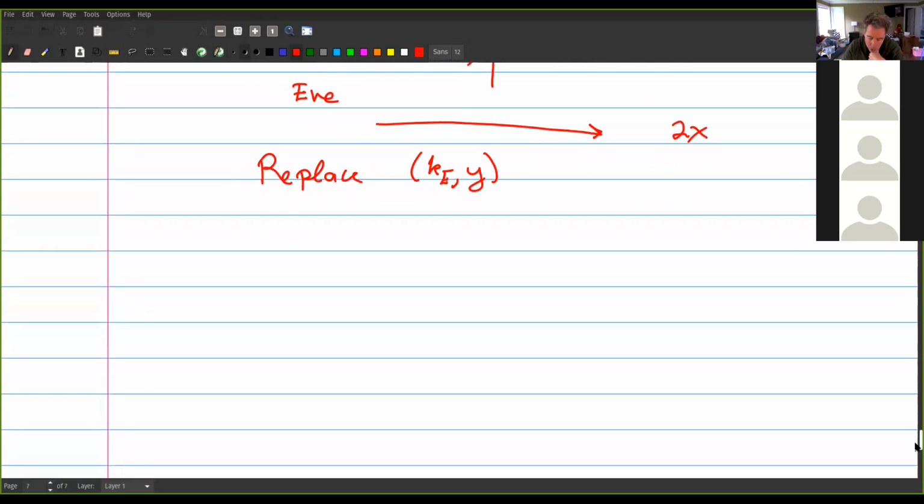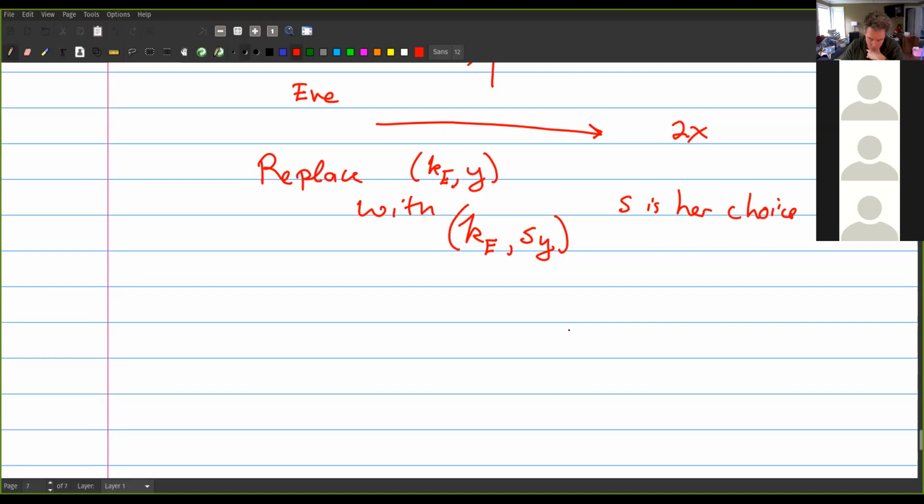And then she replaces that with Ke, SY, where she chooses S. So S is her choice. But can she read the original Y? No, she has no idea what it says. But if she knows that it's like a dollar amount, then she can double it or triple it or something like that.